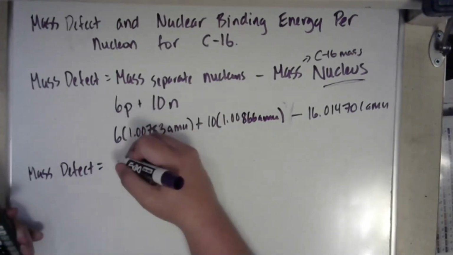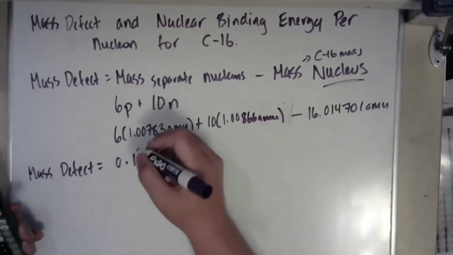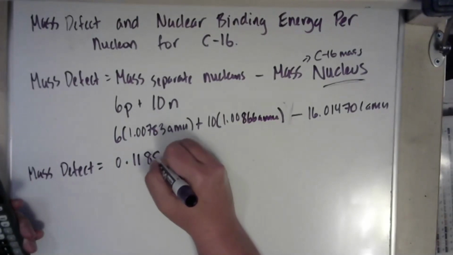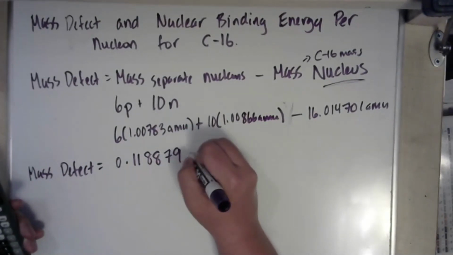So our mass defect is going to be 0.118879 AMU.